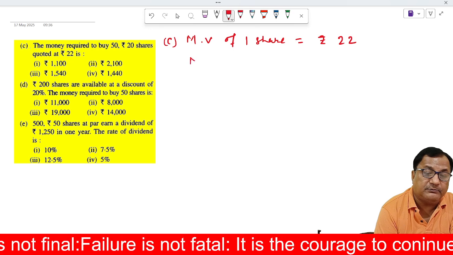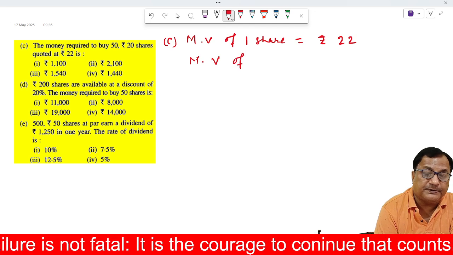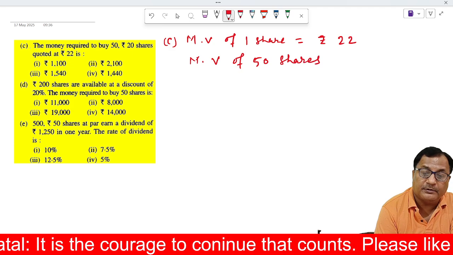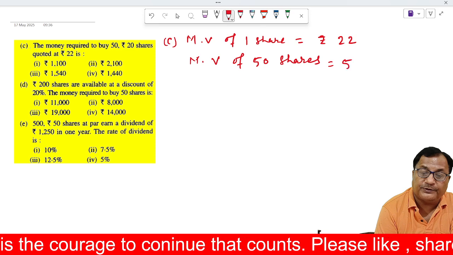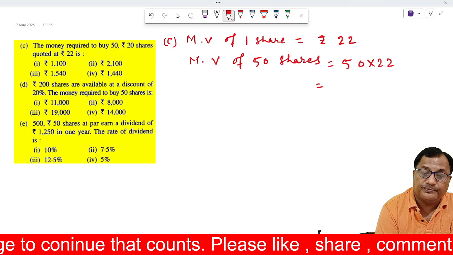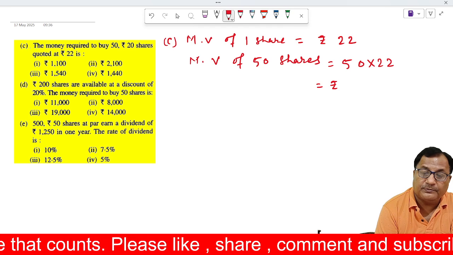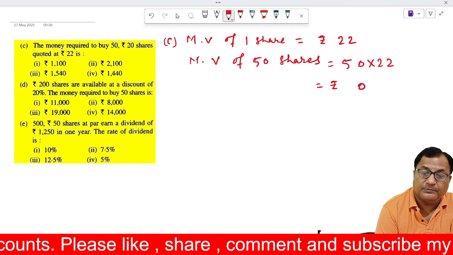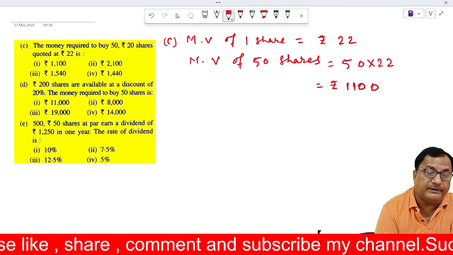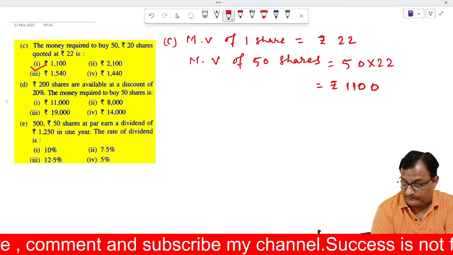So market value of 50 shares is equal to 50 into 22, which is equal to rupees 1100. So option 1 will be right.